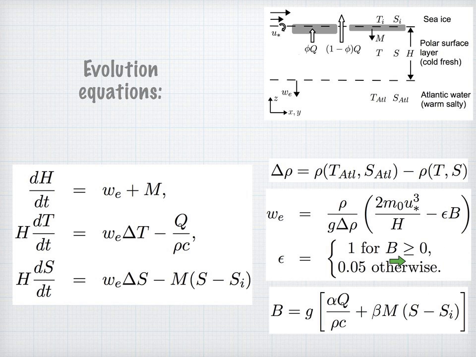If the layer is gaining buoyancy, in other words, B is positive, then this epsilon is equal to 1, which means that the buoyancy gain is quite effective at opposing the deepening of the layer by mixing from the wind. If, however, B is negative, in other words, the layer is getting less buoyant, more dense, then the efficiency at deepening from convective overturning is relatively small. So this is a 5% efficiency for epsilon when the layer is getting deeper because of convective overturning.